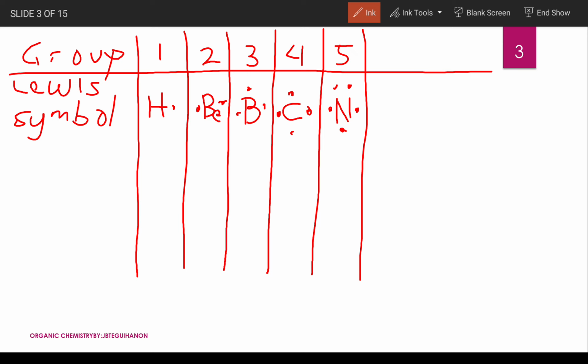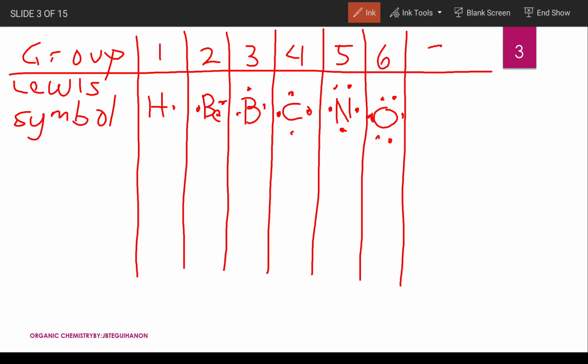And then in group 6 you will have oxygen or O with Lewis dots here and here and here and here. This is one dot, no, total 6.